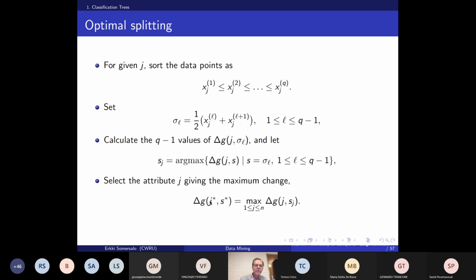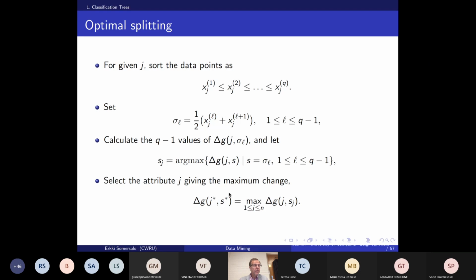And so then you get the optimal split direction and the optimal split value, J star and S star. As I said, this algorithm can be heavy if you have lots of data points and if your dimensionality is high. In those cases, you may want to do something.